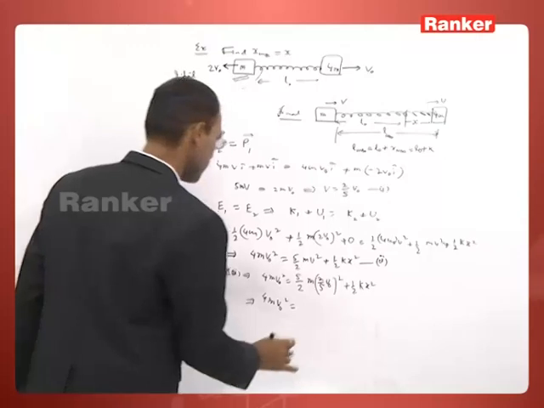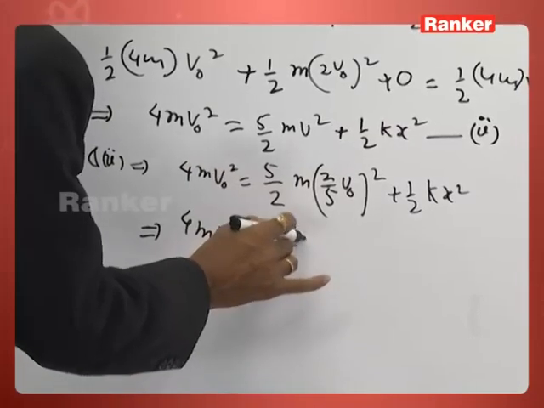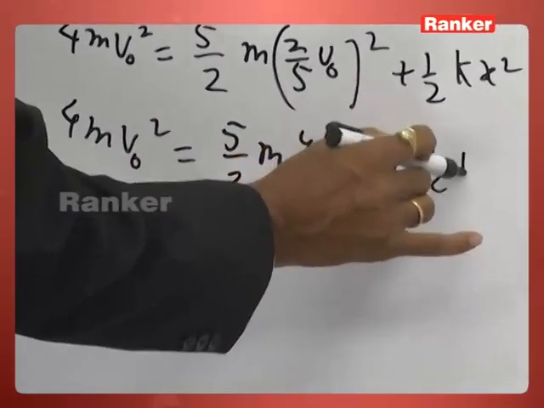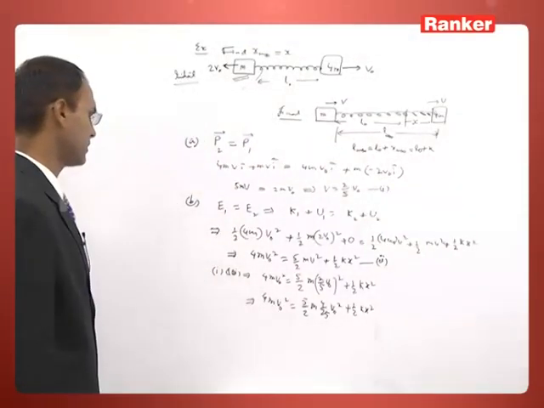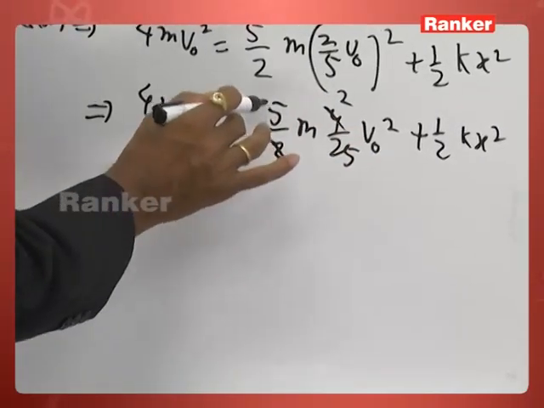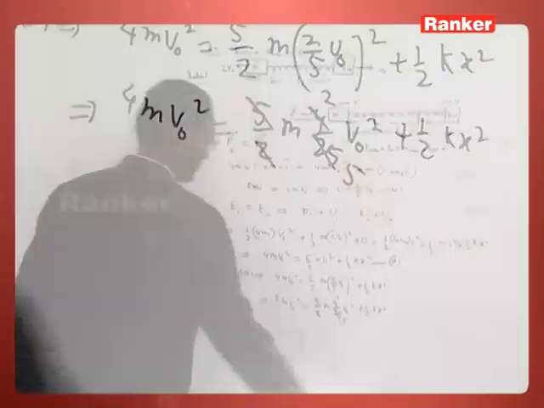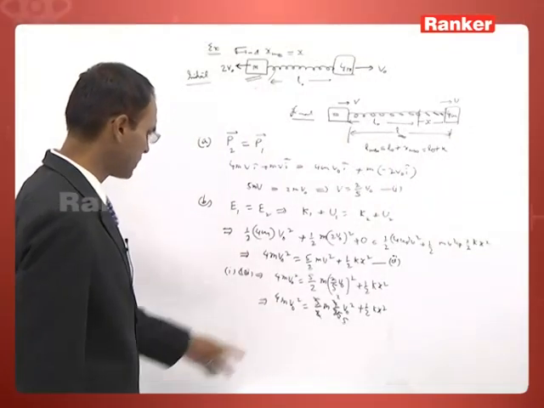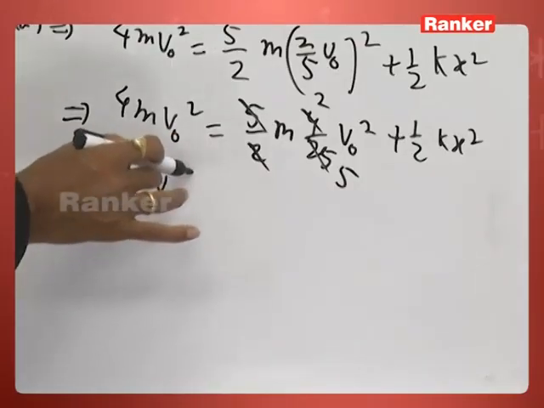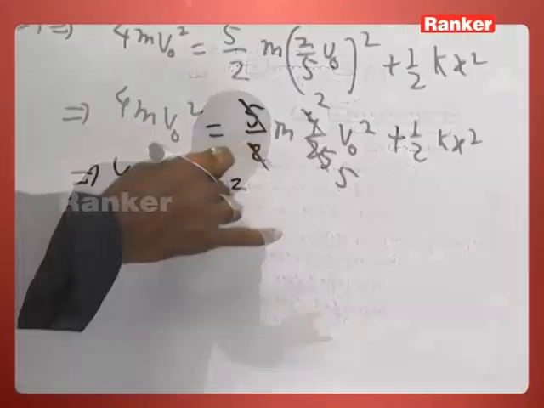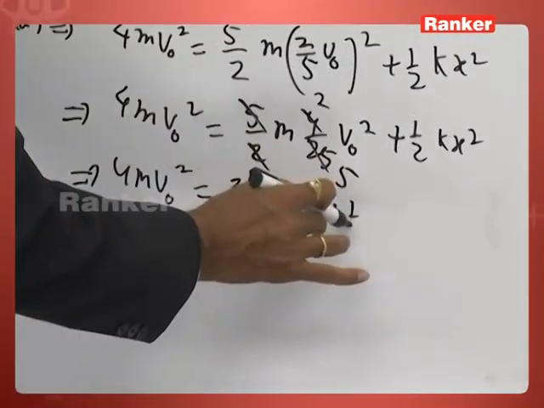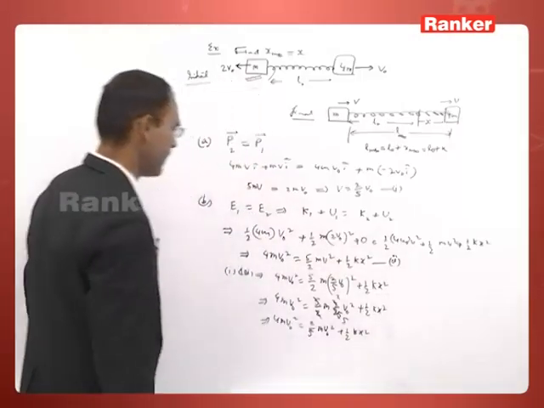That gives 4m v naught square equals 5 by 2 into m, 4 by 25 v naught square, plus half kx square. Two gets cancelled, 5 gets cancelled, 25 gives 5 in the denominator. So 4m v naught square is equal to 2 by 5 m v naught square plus half kx square.